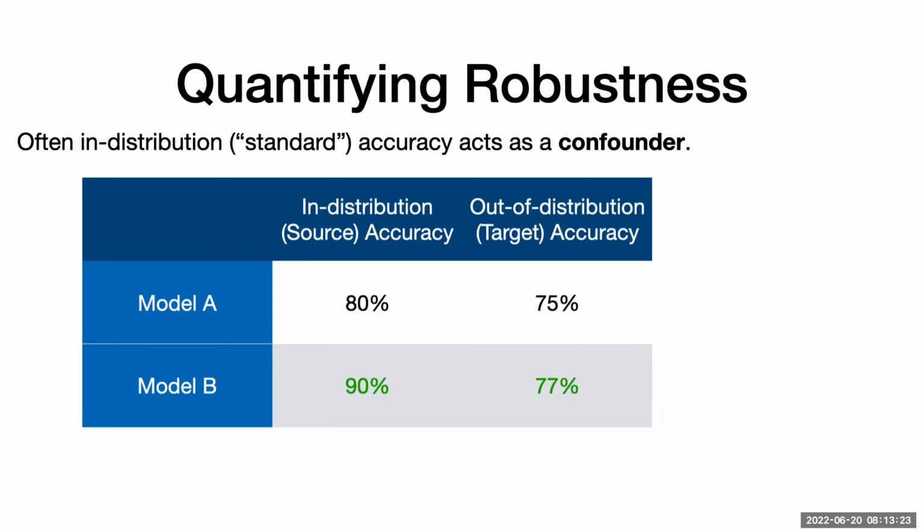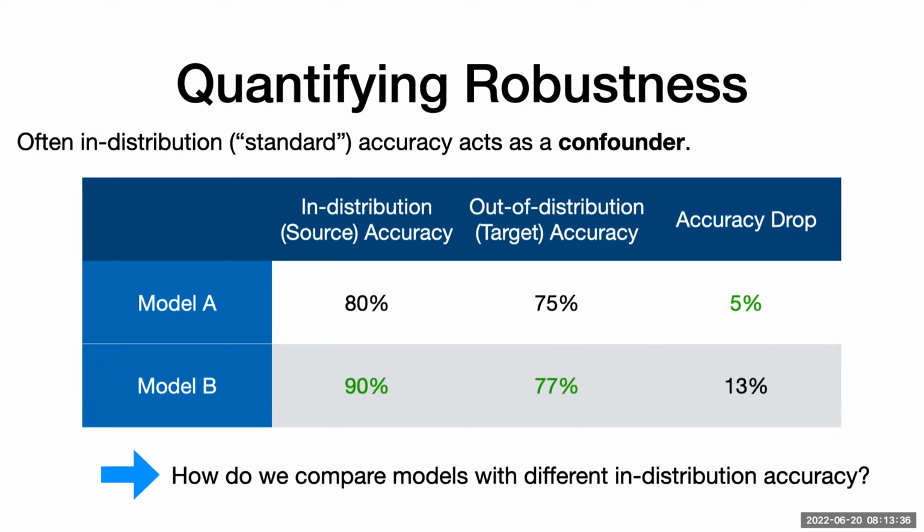Okay, so which of the two models is more robust? If you just want to deploy the best possible model, then you should clearly still deploy model B, because it still has higher accuracy out of distribution. But the interesting thing here, from a robustness perspective, is that model A has a substantially smaller drop. Model A drops only 5% from this distribution shift, and model B drops 13 percentage points.